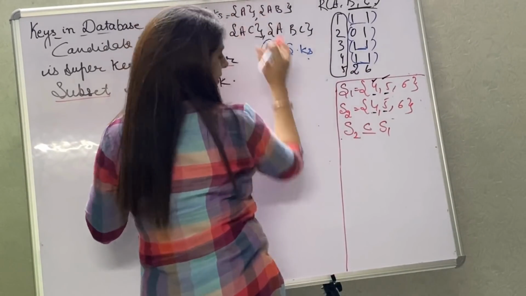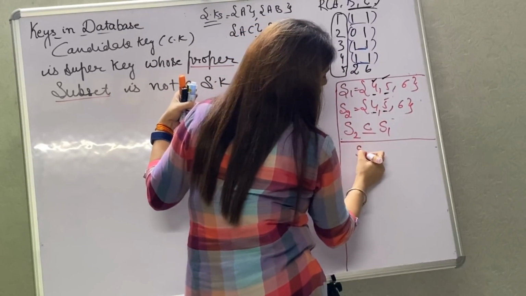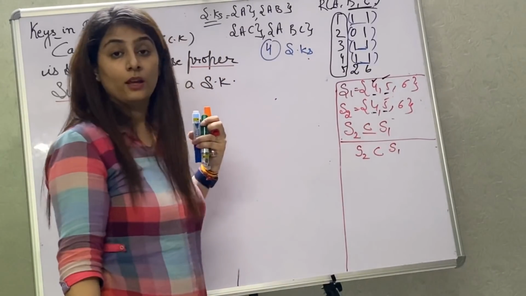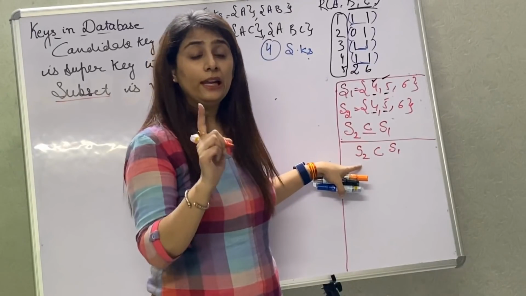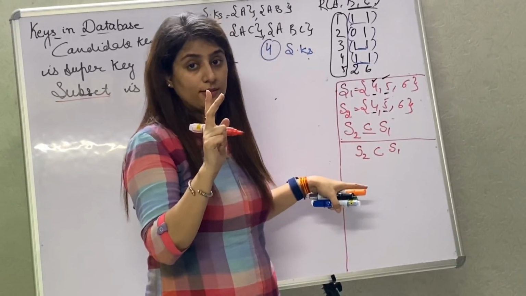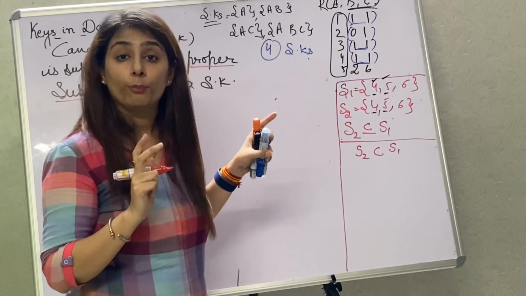Suppose I say here S2 is a proper subset of S1. I can say this only when it satisfies two conditions. It must satisfy those two conditions, then only it will be a proper subset.